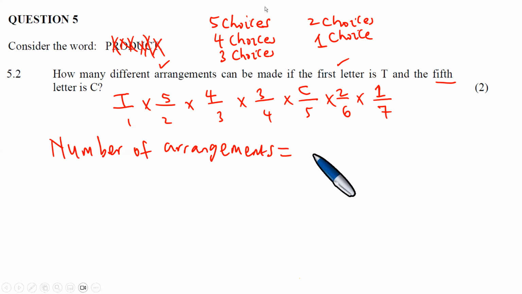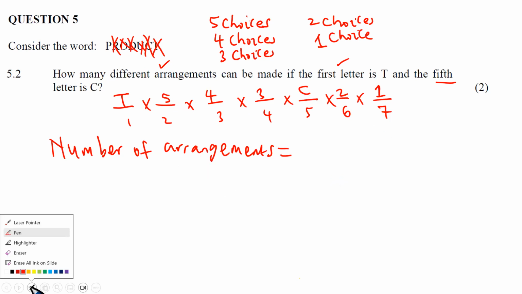Okay, let us see. Somebody said 5 factorial. Well done. Thank you so much, Poe. Poe is right. The number of arrangements is going to be exactly 5 factorial.